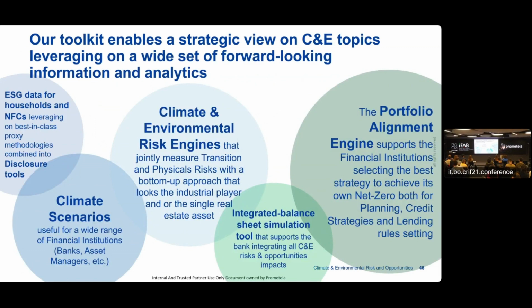To do this, we are working in the triangle that we have seen before: business skills, data, and software solutions, so analytics, in a way to construct risk engines that enable us to understand a bit better how the whole economic system is working, and integrate all these climate risks and their evolution within the balance sheet of the bank, because this is what Promethea knows how to do very well, no?